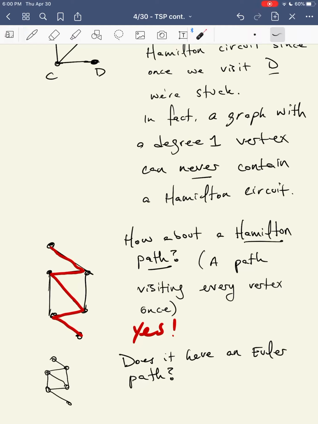But here, we have this one with odd degree, and this one has degree 3. See, there's 3 edges. And this one has degree 3. And this one has degree 3. In fact, every vertex has odd degree. So the answer is no. And you can try it out. I'll write that here.